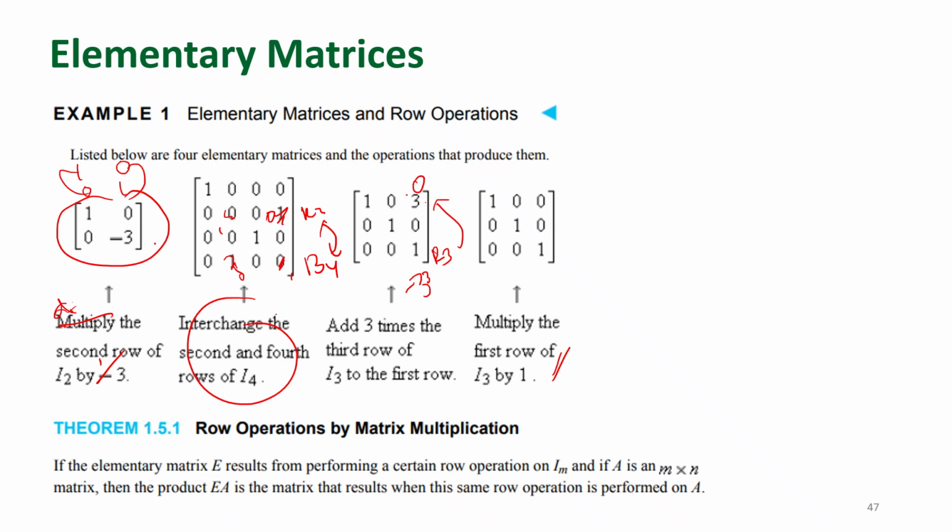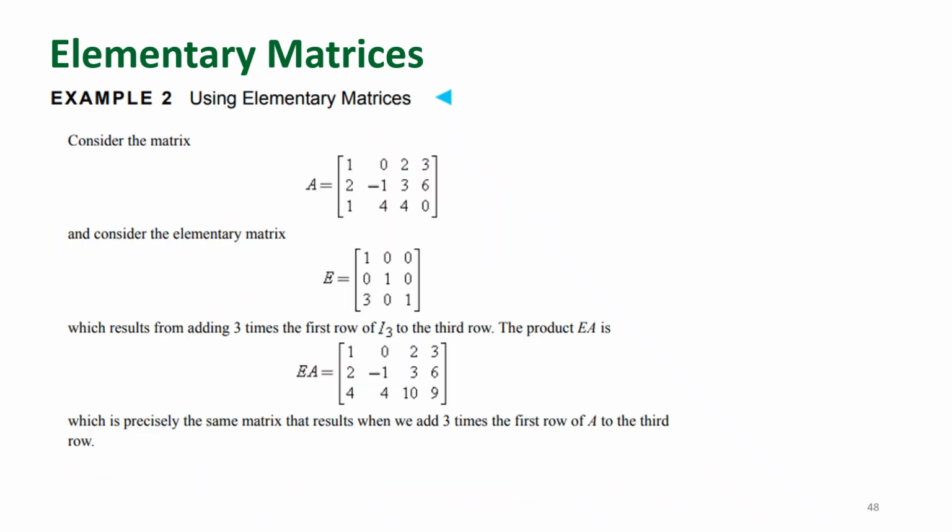So if elementary matrix E results from performing a certain row operation on I_m, and A is an m by n matrix, then EA is the matrix produced by the same row operation performed on A. Okay, consider the matrix of this one, and the elementary matrix is this one.